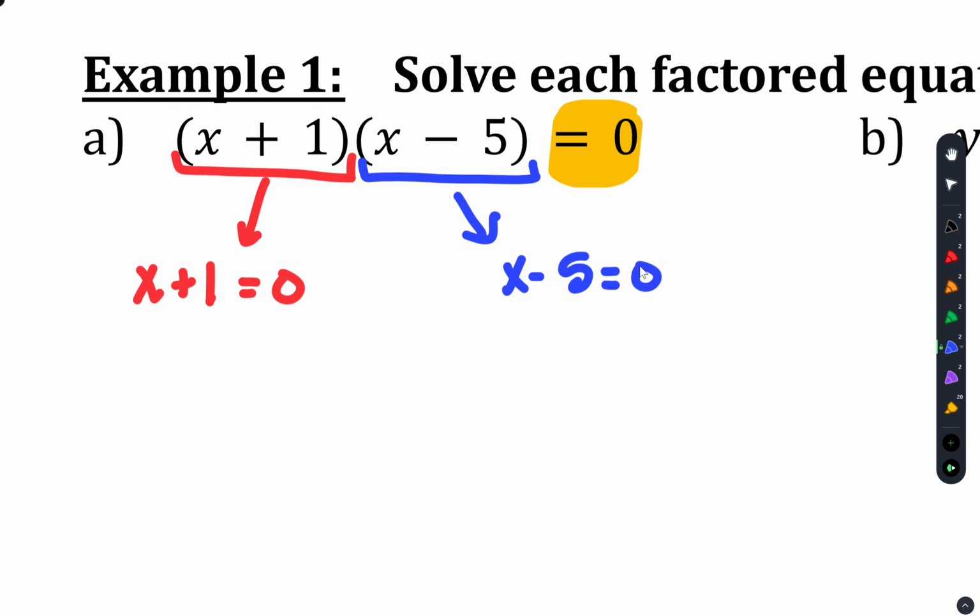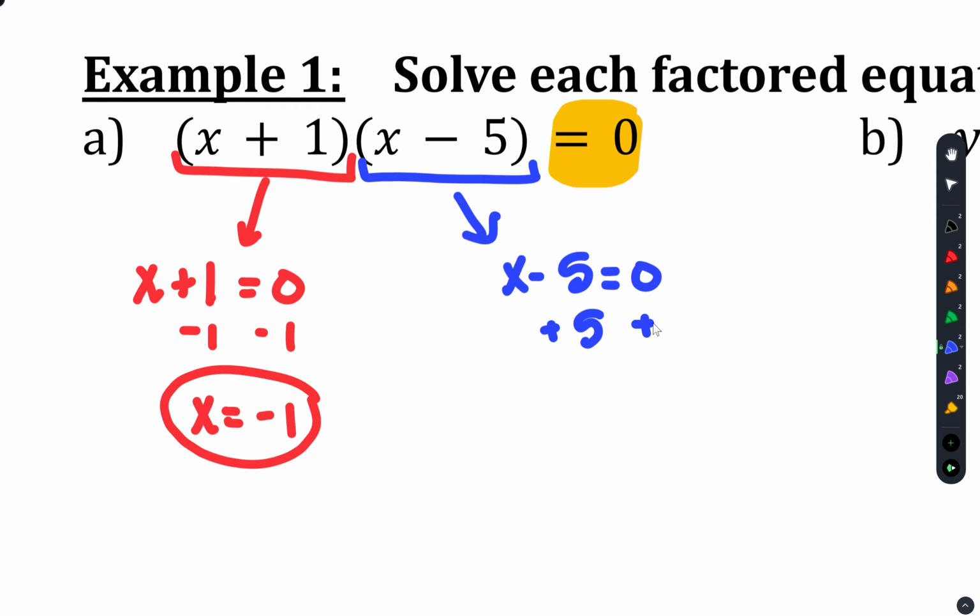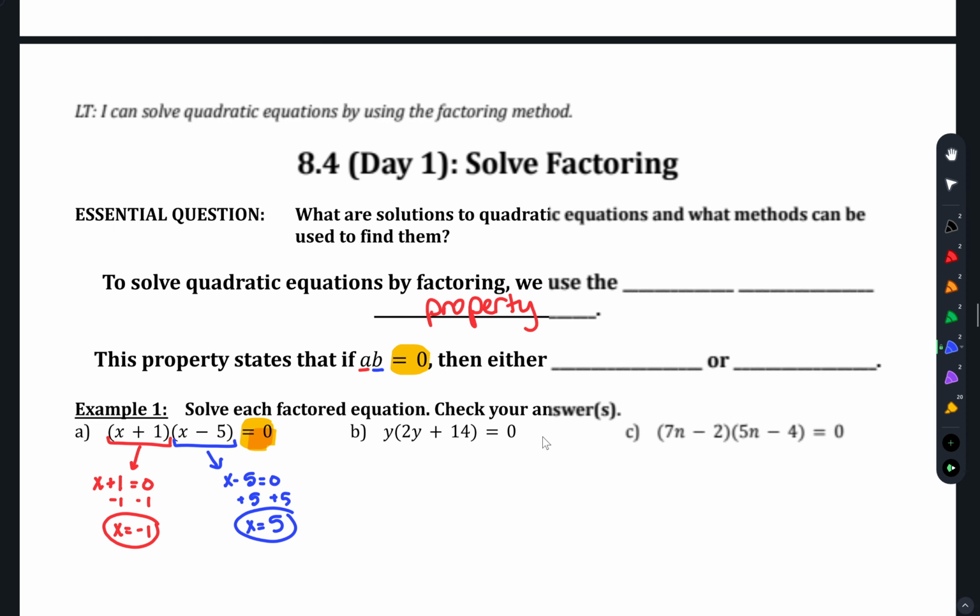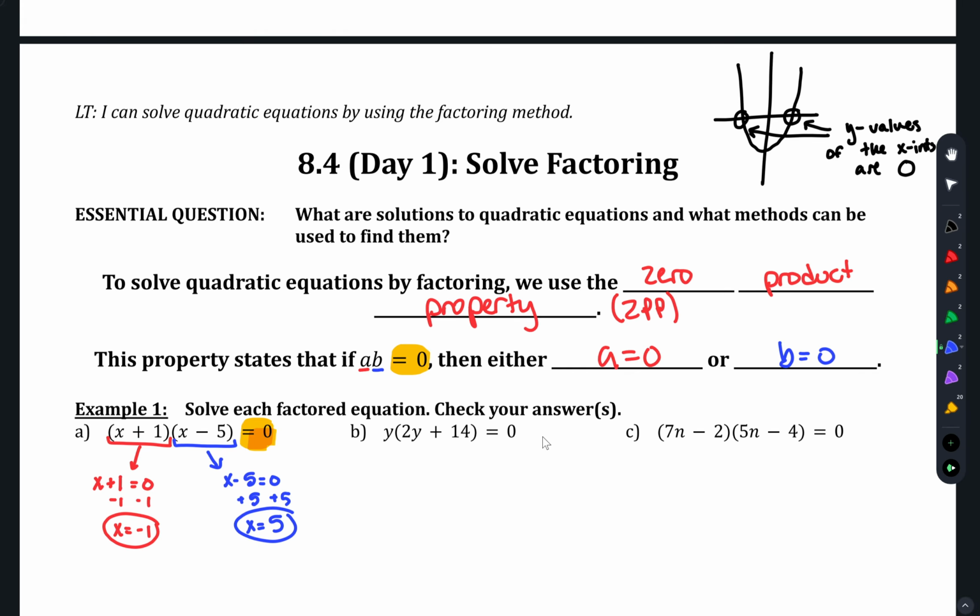To get our two solutions, I'm going to subtract 1 on this one to get x equals -1, or I can add 5 to this one to get x equals 5. And now I have two answers. That was the case with our square roots, right? We always had plus or minus because we had two different answers, because my parabola usually crosses the x-axis in two locations.